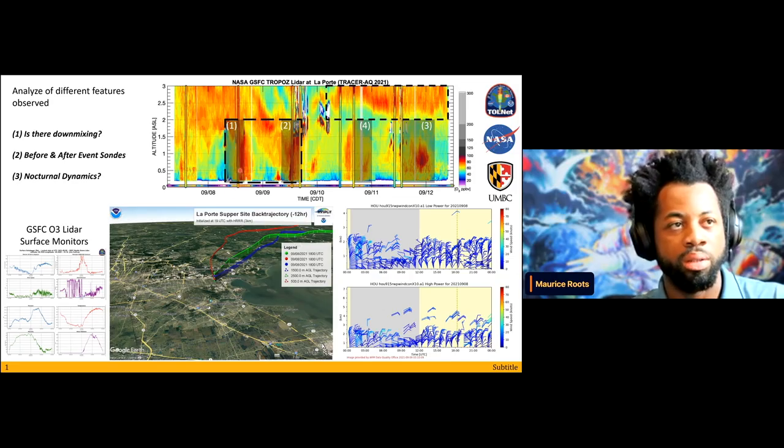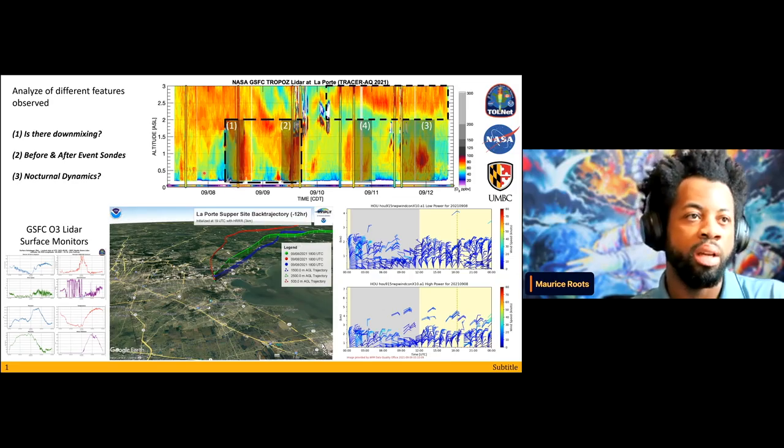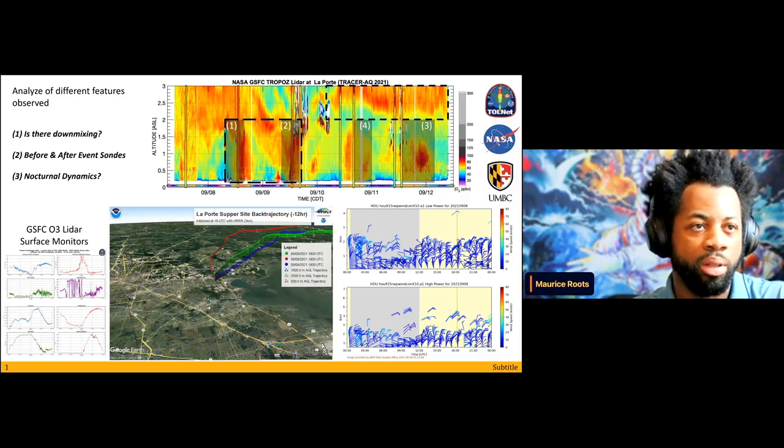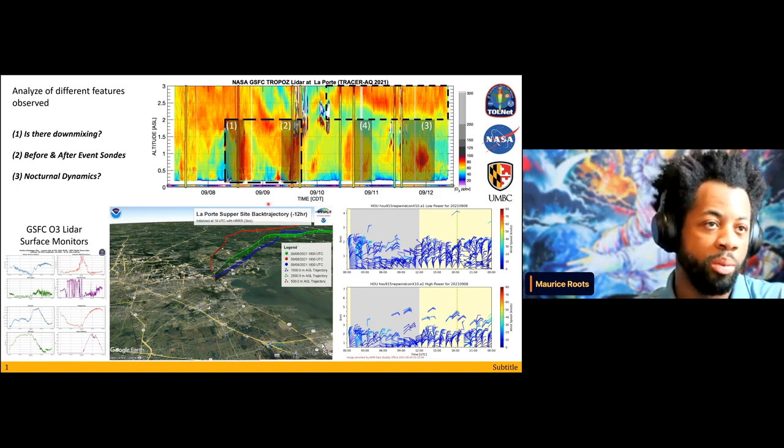We can see things like mixing down from lofted reservoirs, transport events that are happening really shallow, or just random things like this little blip below 500 meters.